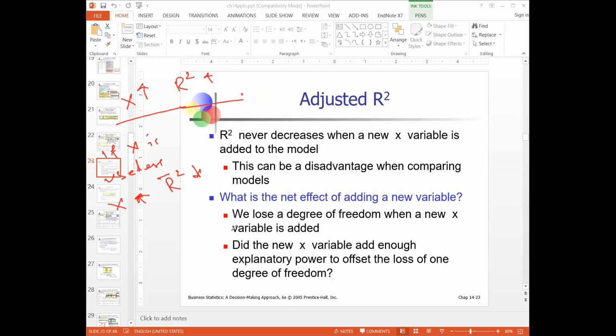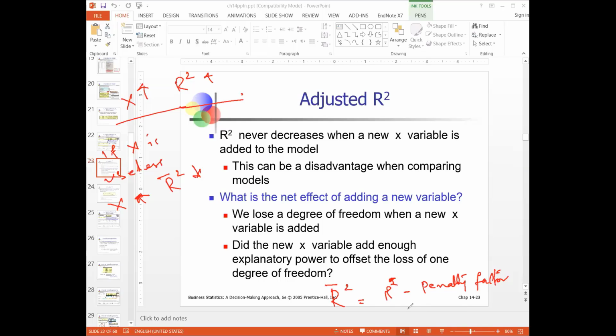So adjusted R, R bar square, is equal to R square minus the penalty factor for useless variables.